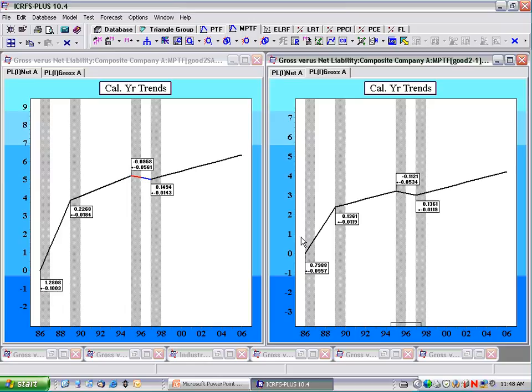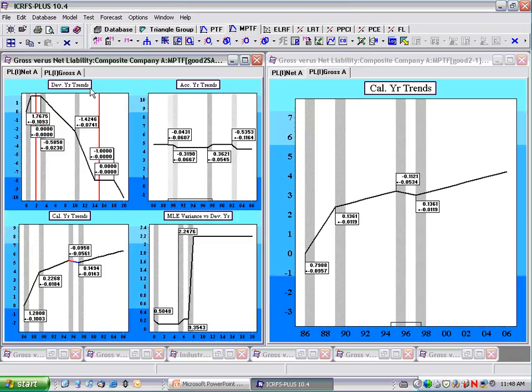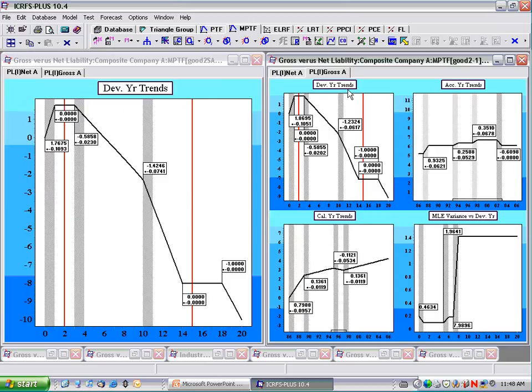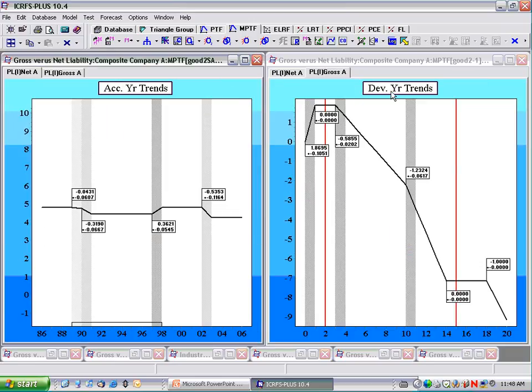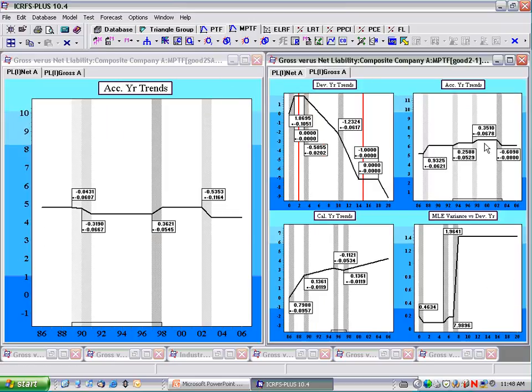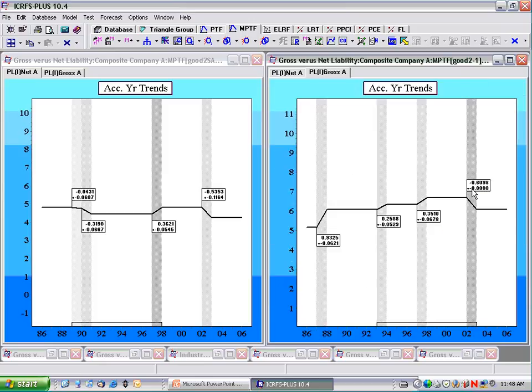A change in trend in a particular calendar year for one is mirrored in the other for the same years. If you look at the development year structure, you'll see it's very similar. And if you look at the accident year structure, except for the early accident years, as you would expect, it's a very similar structure. So there you've got two pieces that have a very similar trend structure.